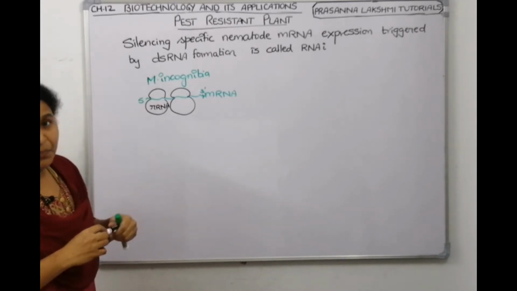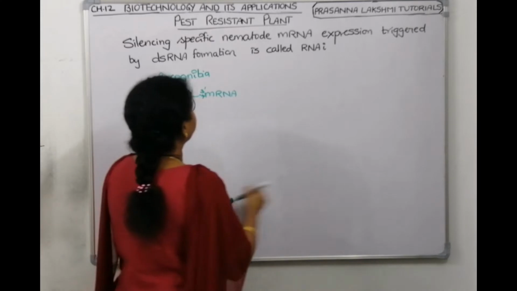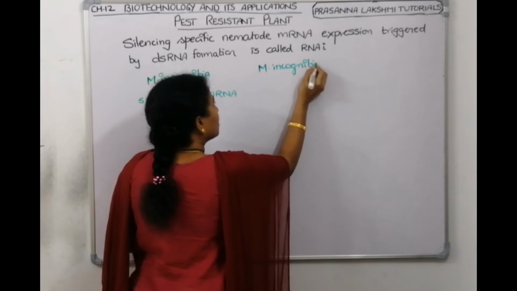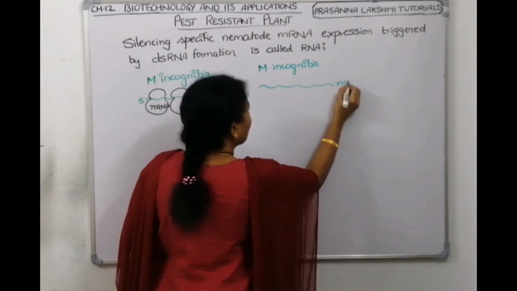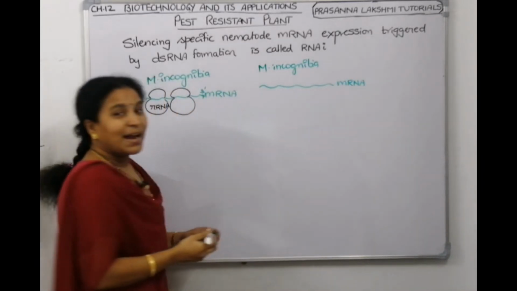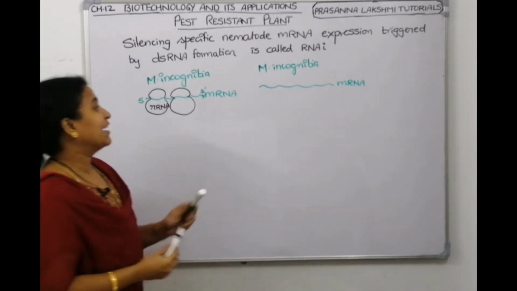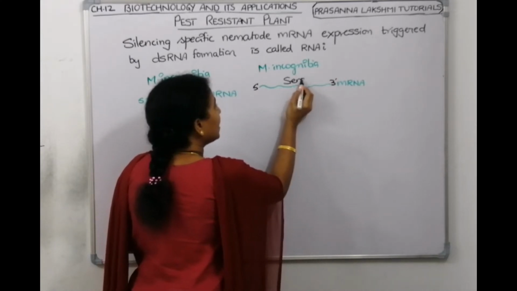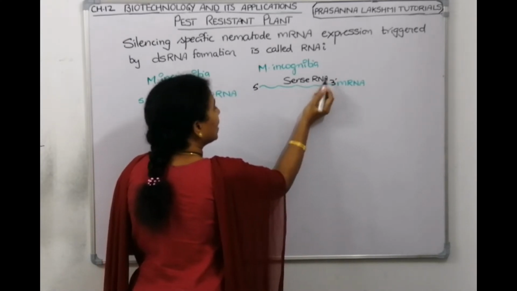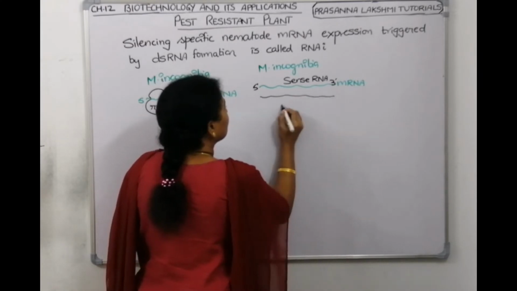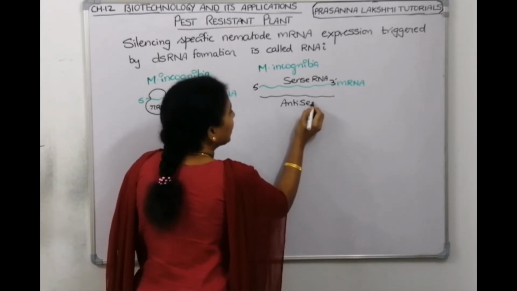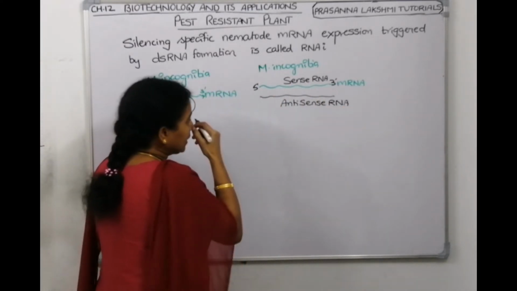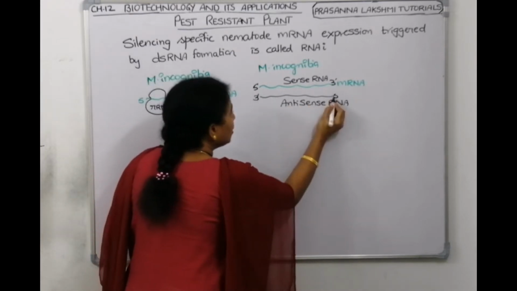In this mechanism, Meloidogyne incognita has produced mRNA. If this is the sense RNA of Meloidogyne incognita, we introduced antisense RNA. Sense means which goes 5' to 3'. Antisense means which runs 3' to 5'.